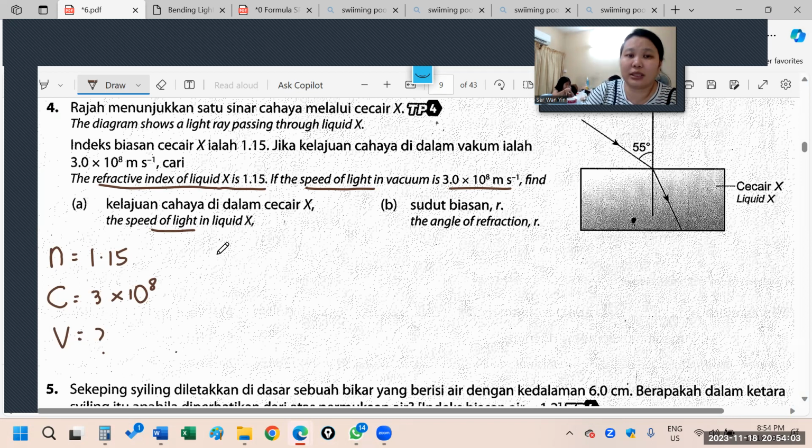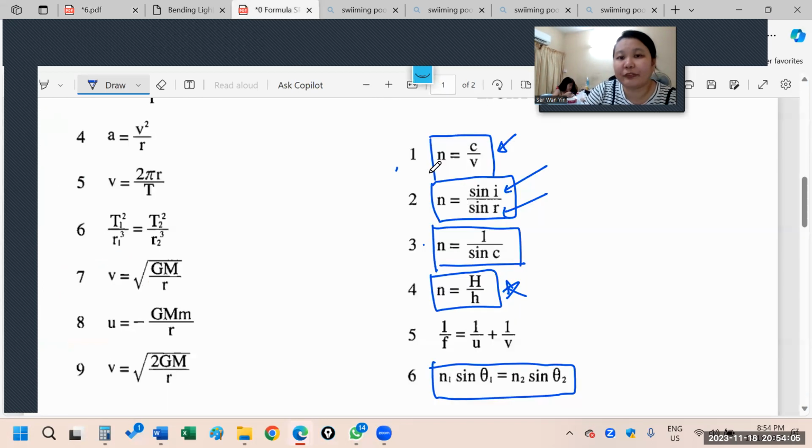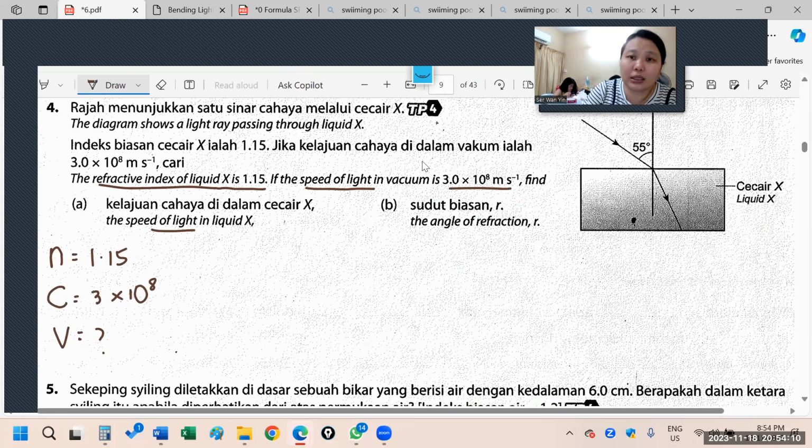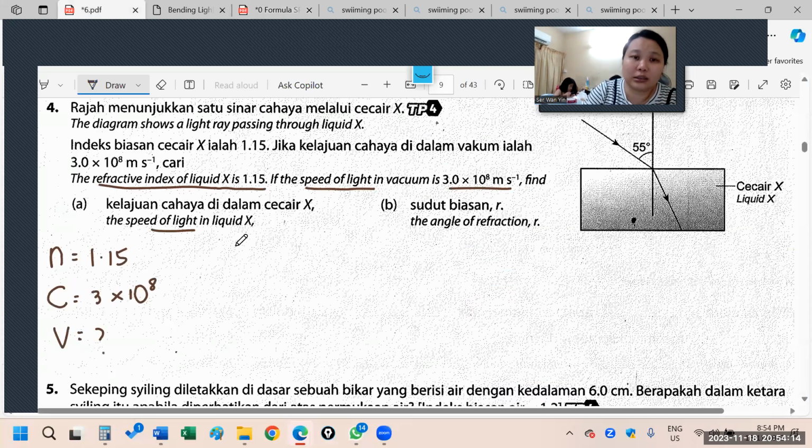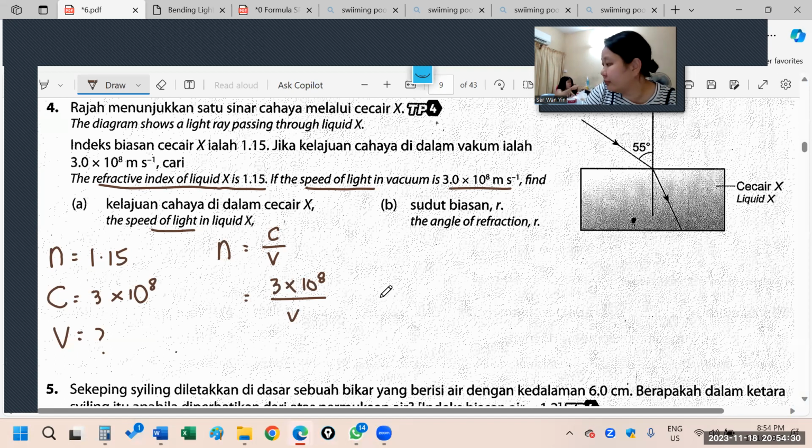So this one, obviously, we will use formula number 1. So always check back. n equals c over v. So 3 times 10 to the power of 8 divided by v. Okay, how to do it? Yeah, very good. So n is 1.15.